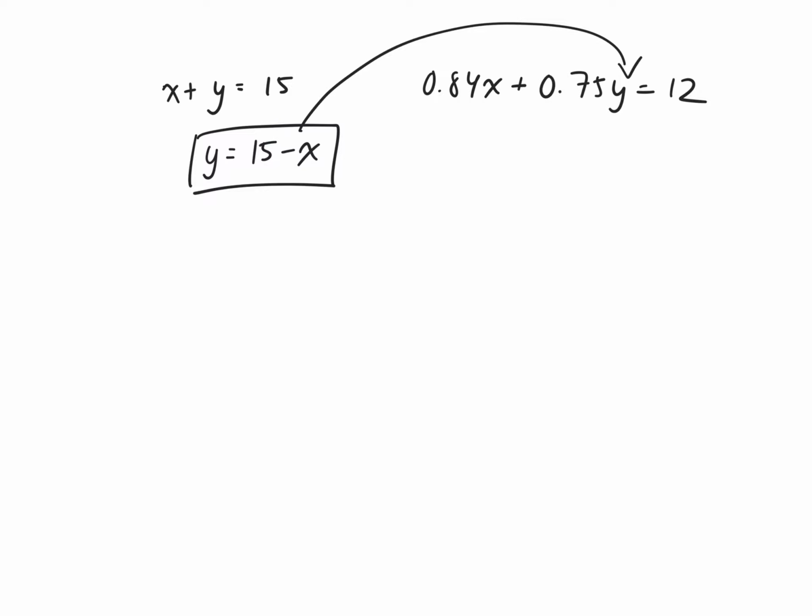Okay, so I chose substitution. So I've isolated Y in the first equation. I said that Y is equal to 15 minus X, and I'm just going to plug it in here. That's the method I chose.